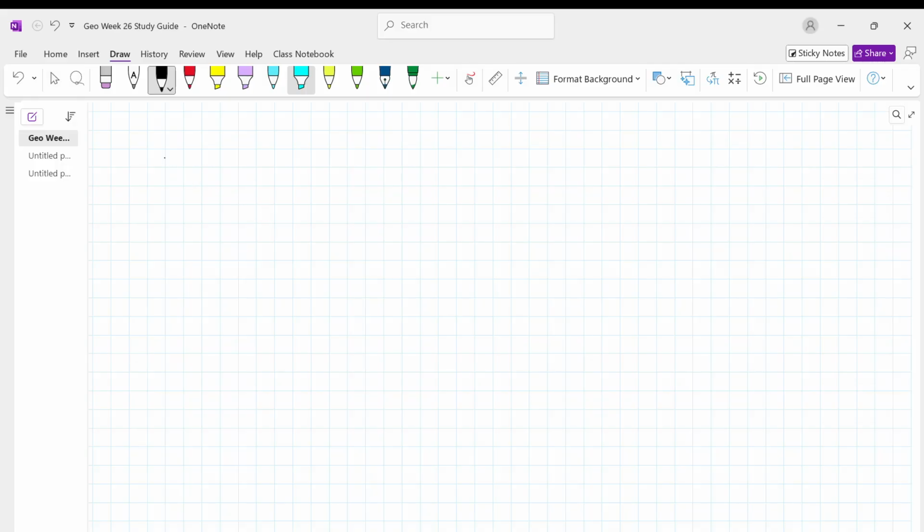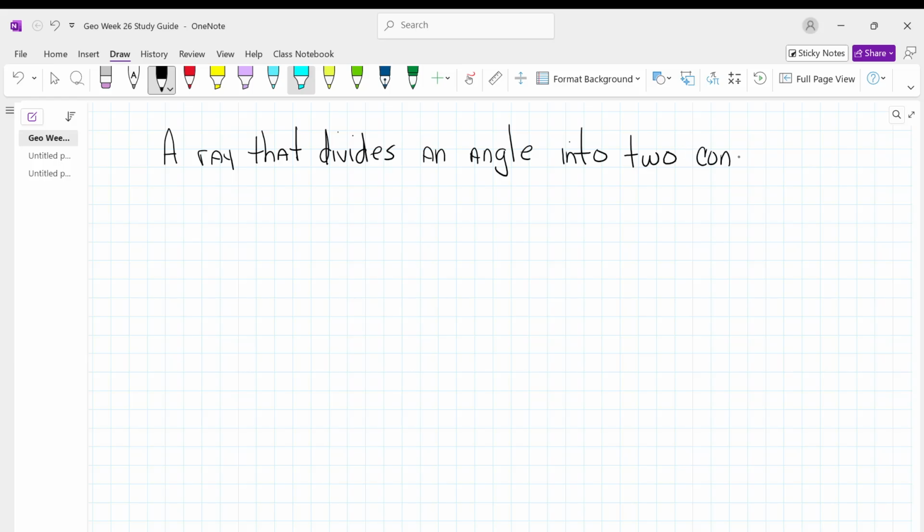And we're going to say that a ray that divides an angle into two congruent angles is called an angle bisector.